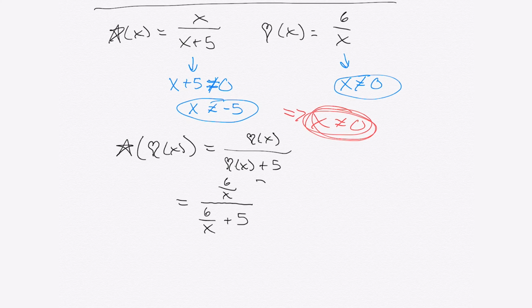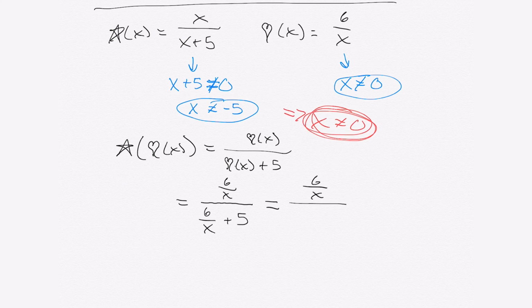Now I've built my composite function. I've plugged in, replaced, or substituted in for heart of x. Let's clean this thing up. I'm going to work my way from left to right across the page. I'm going to leave my numerator of 6 over x there.